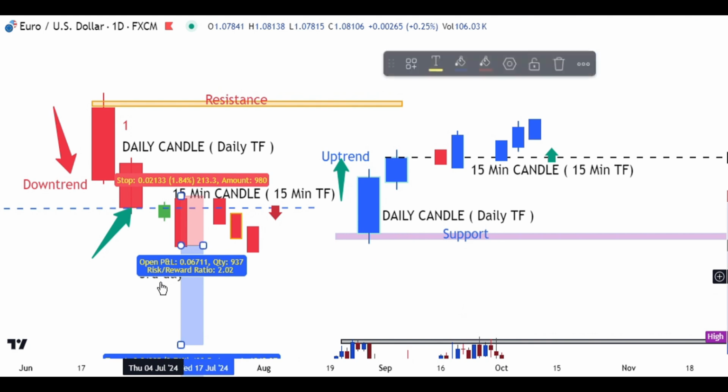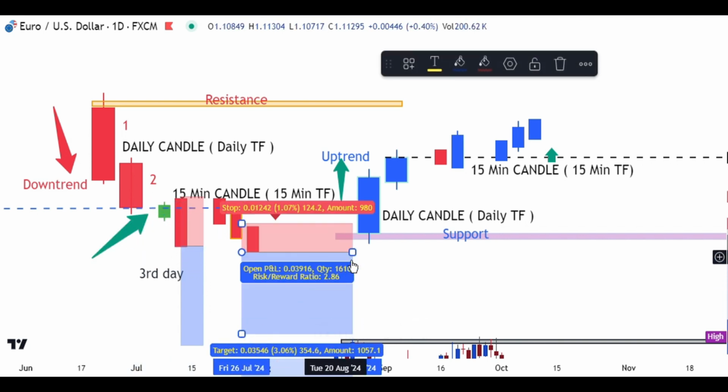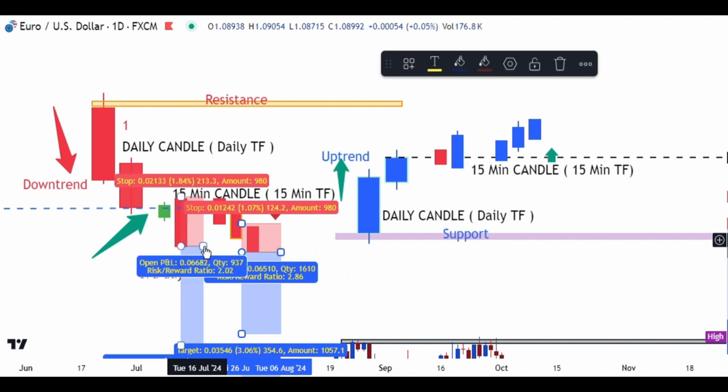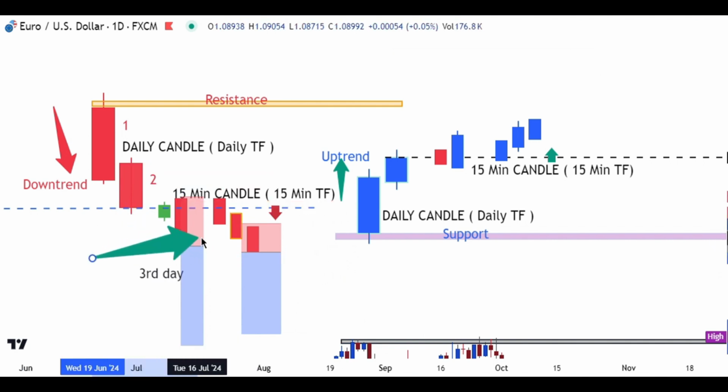So that would be on the third day. Make sure you open your position below the second day candle. It has to be below. That's when you open your trade with a confirmation of either a bearish engulfing candle or these 3 black crows. So you'd also open your trade on the third day with candlestick patterns like 3 black crows.